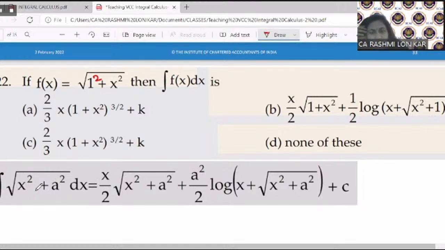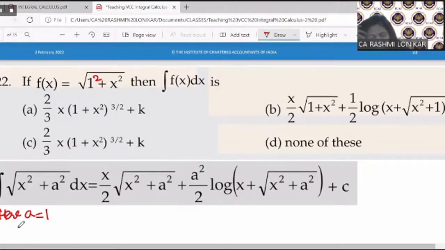Integral of under root of x square plus a square dx is x by 2 under root of x square plus a square plus a square by 2 log of x plus under root of x square plus a square plus c. Here a is equal to 1.